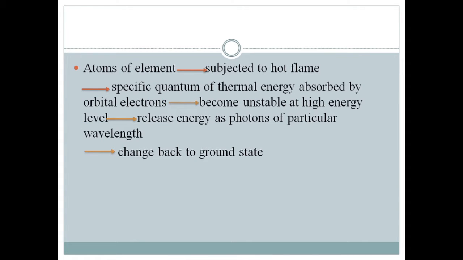This is a basic fact. Now, atoms of an element subjected to a hot flame absorb a specific quantum of thermal energy by orbital electrons, and become unstable at a high energy level. That's why they release energy as photons of particular wavelength and change back to the ground state.